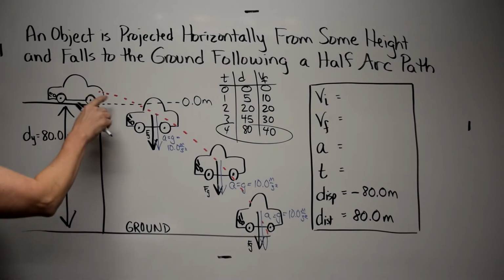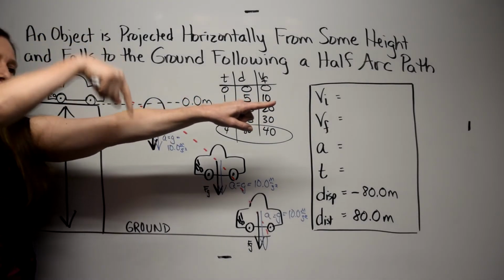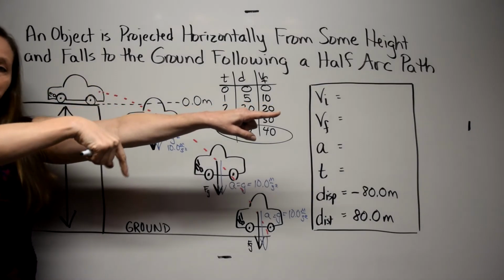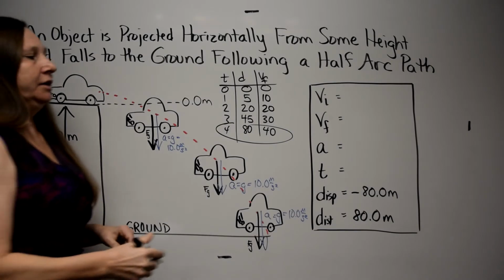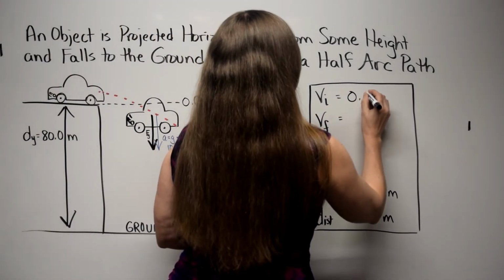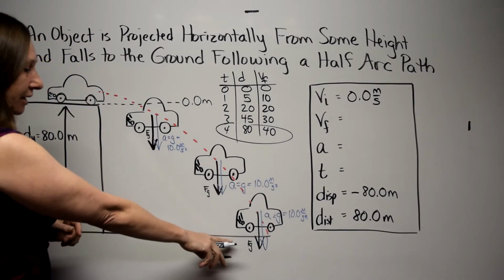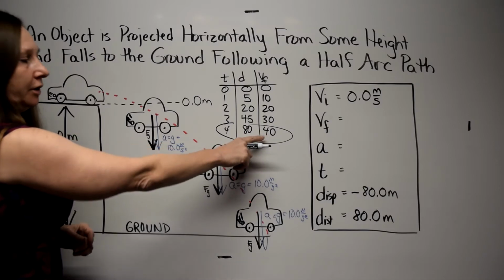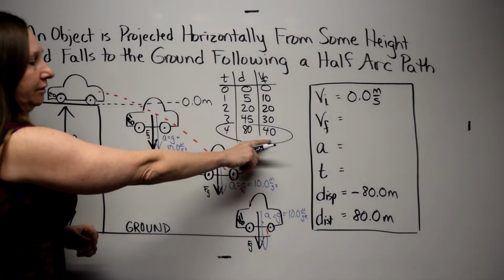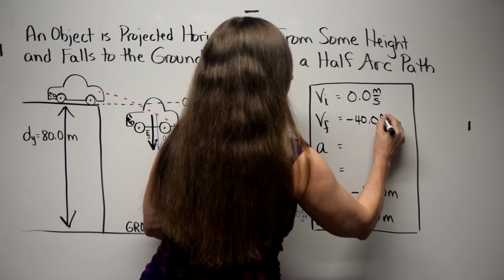Now, the initial velocity, if the car drives off the cliff that way, the initial velocity down is 0. It's not going down until it gets off the cliff. Now the final velocity down here, after falling for 80 meters, is 40, or you could say negative 40, because we know it's falling down.